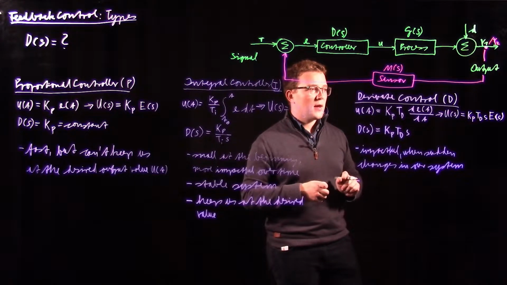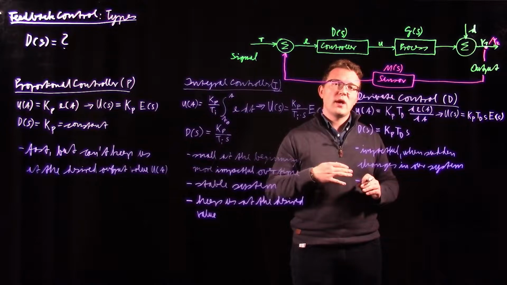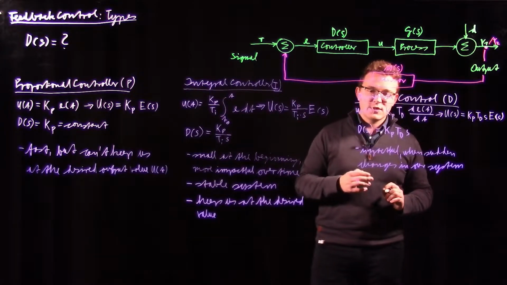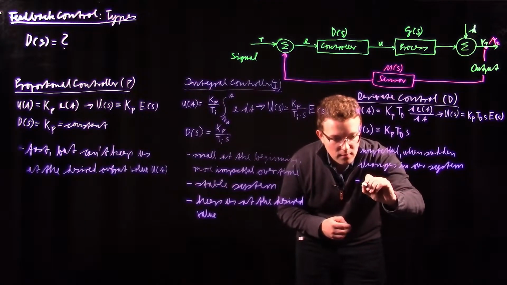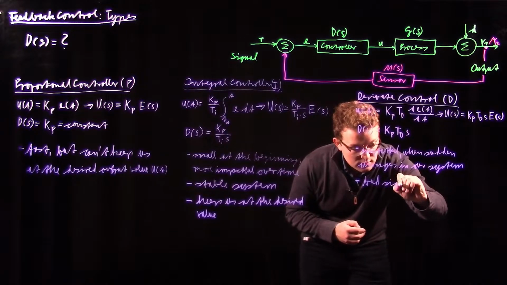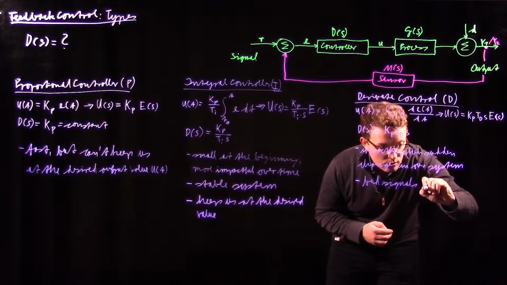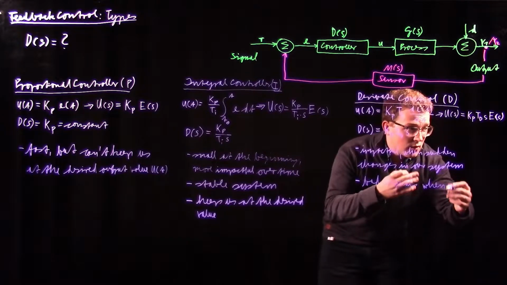So we get quite bad responses from this controller when we have a lot of noisy signals in our system. So we should mark this point here as well, so that we get bad signals when we get noisy input.